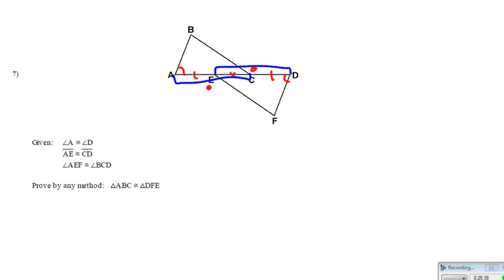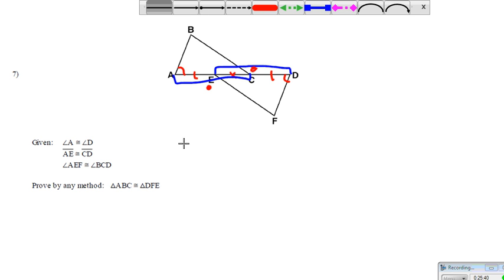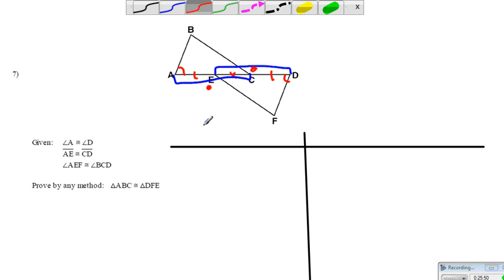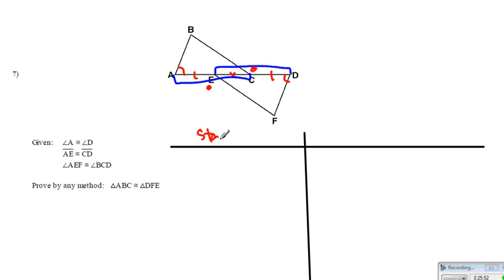Alright, I think we have almost everything, so let us try to write them down. So first, here we have statements, and here we have reasons.